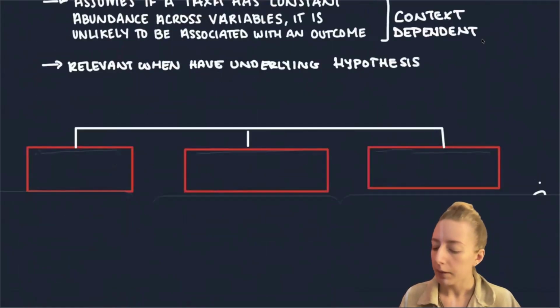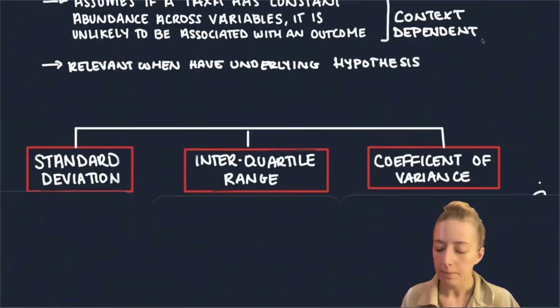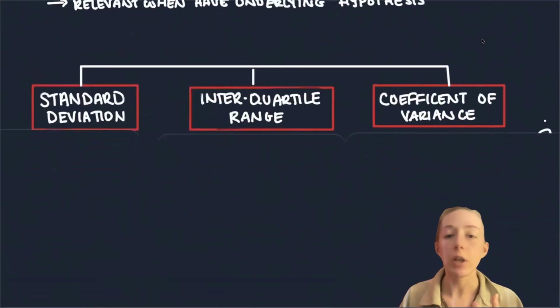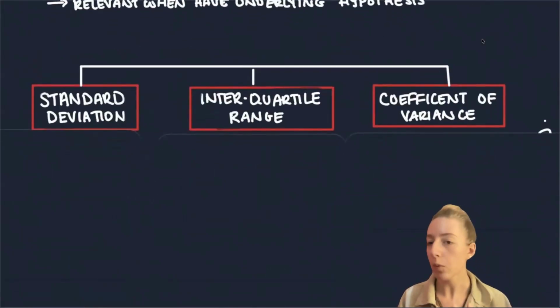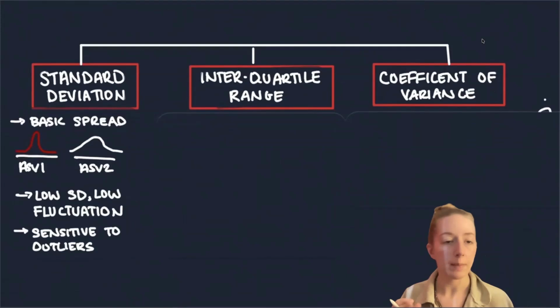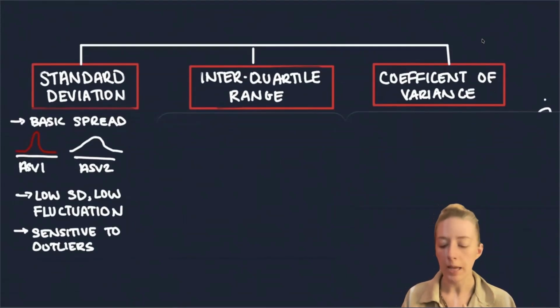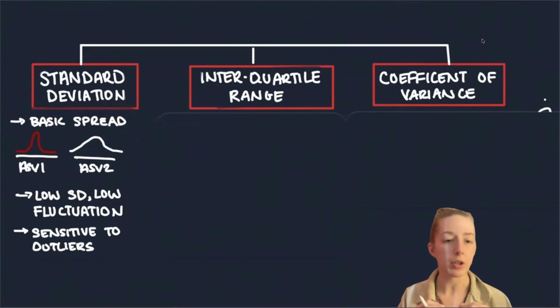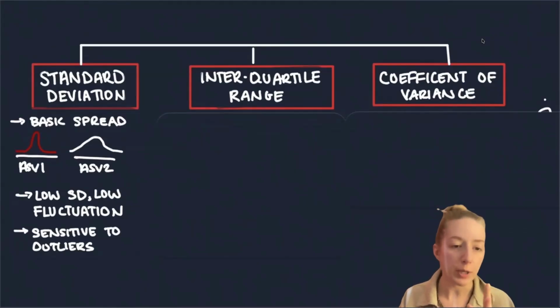Some types of variance filtering you can apply are based off of the standard deviation or the interquartile range or this coefficient of variance. So if you're looking at the standard deviation to do this variance filtering, any low standard deviation OTUs will have low fluctuation, and this takes into account outliers, but this is one way to apply that variance filtering.